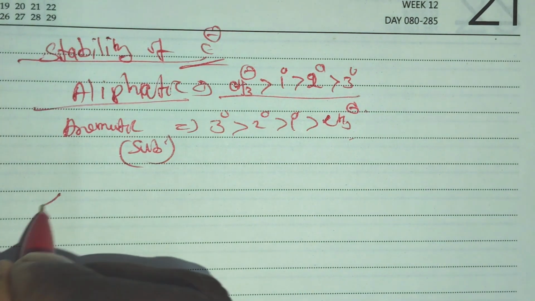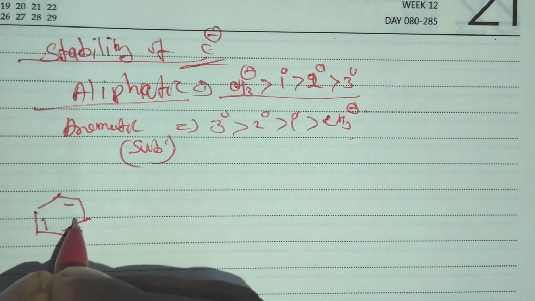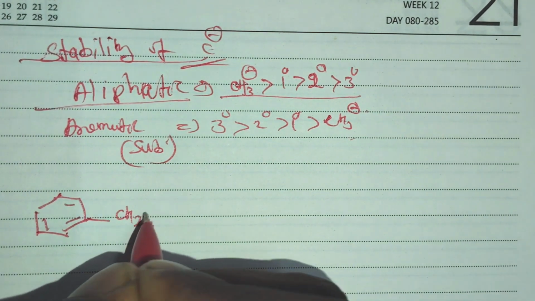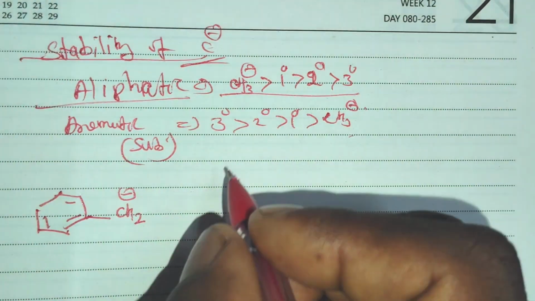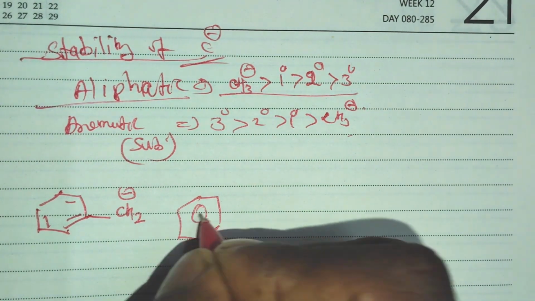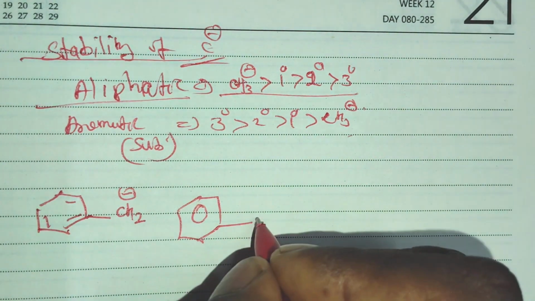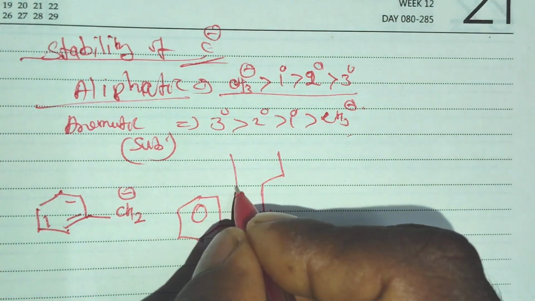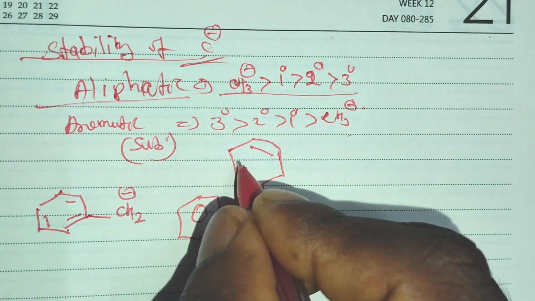For example, in this molecule a phenyl group is substituted on the CH2 minus, and the remaining two hydrogens also become phenyl groups.